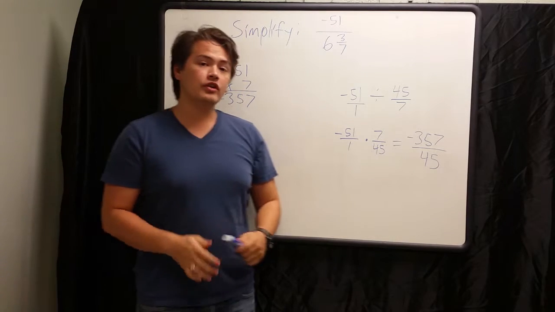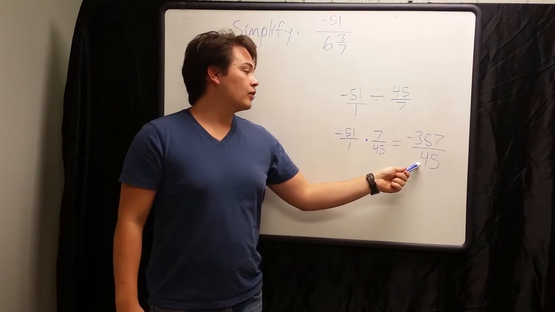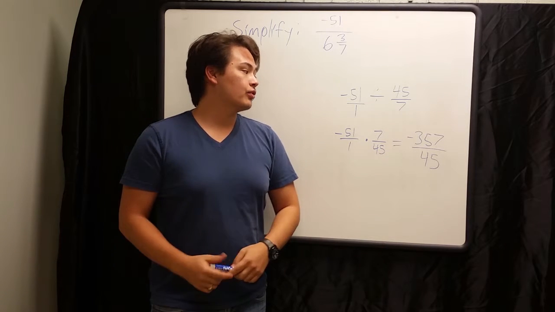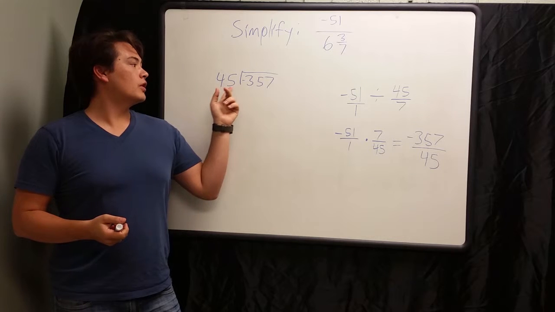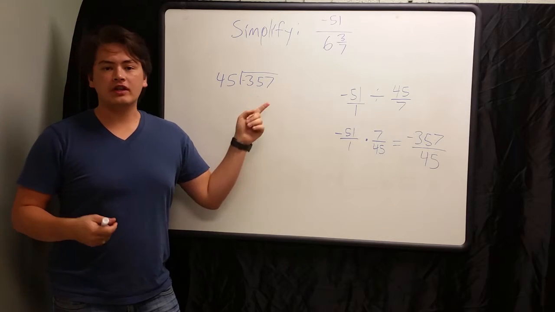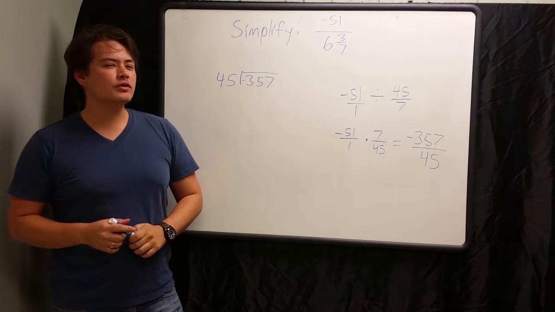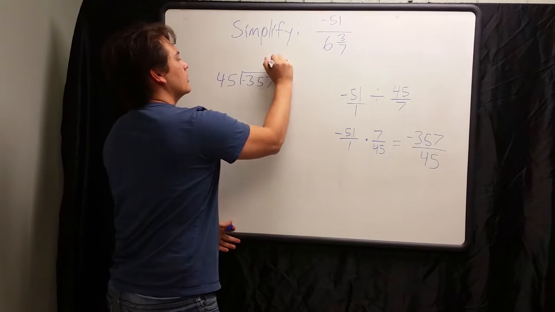From here, we're going to divide 45 into negative 357. So 45 going into 357, it can go into it about 7 times.